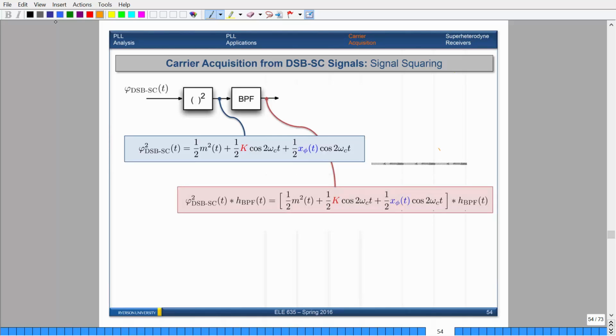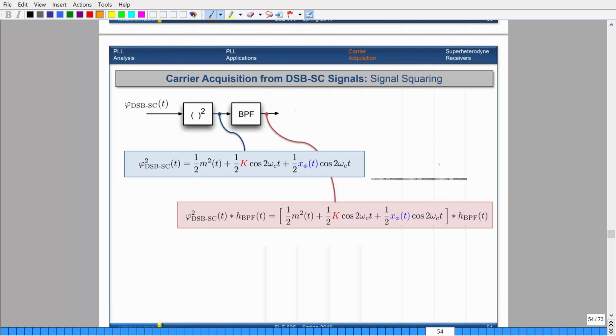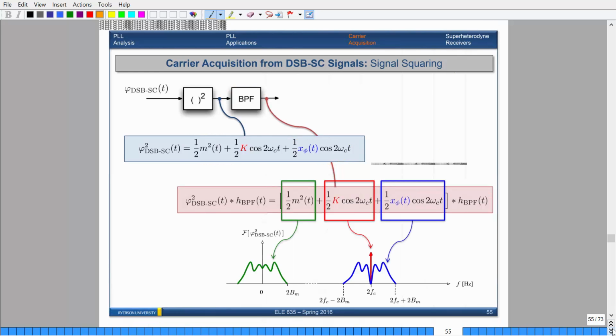So let's apply a bandpass filter to the output. At this point, we have this output which we've already discovered. And then we're going to put a bandpass filter to it. So remember, you're just convolving with whatever the impulse response is, which is just multiplication in the frequency domain. So when we actually put this through a bandpass filter, this is what we actually get.